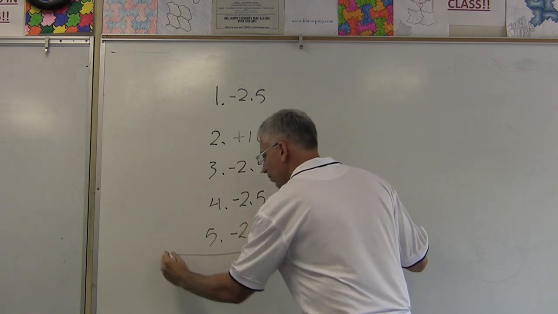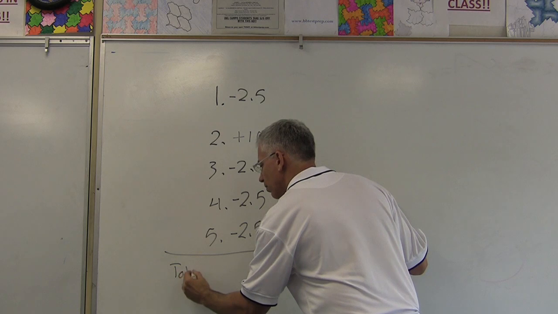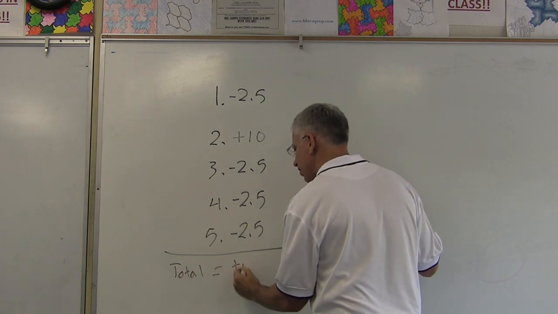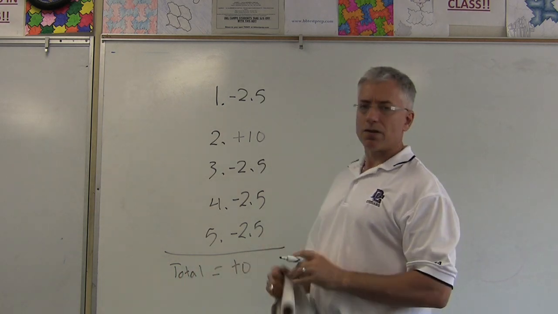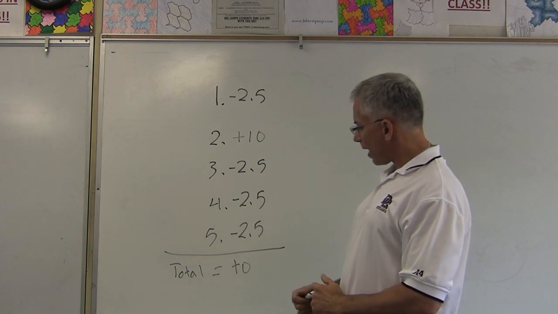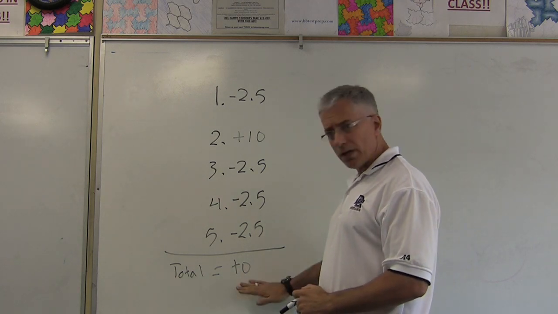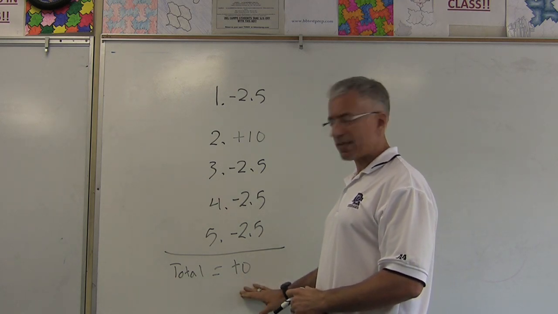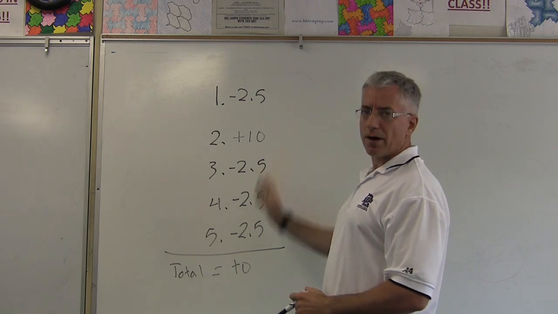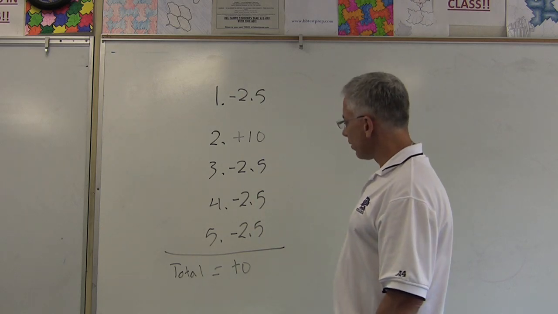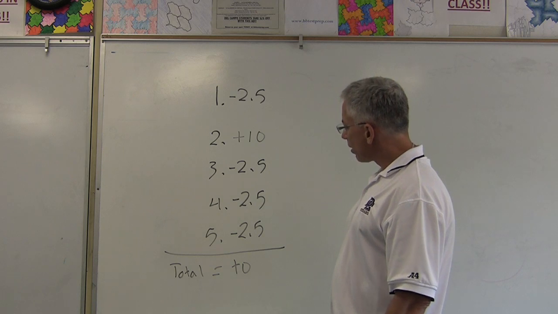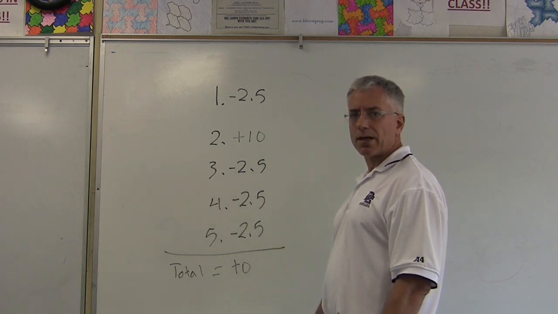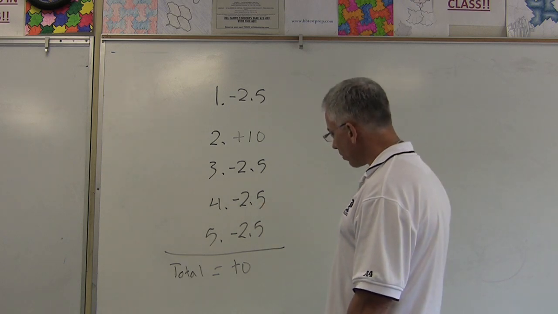When you add all those up, your total is plus 0. So the odds are that just by randomly guessing, nothing's going to happen to your score. It's going to stay the same. Again, you could be a terrible guesser or a really good guesser, but the odds are by randomly guessing you're going to get plus 0 happening to your score.